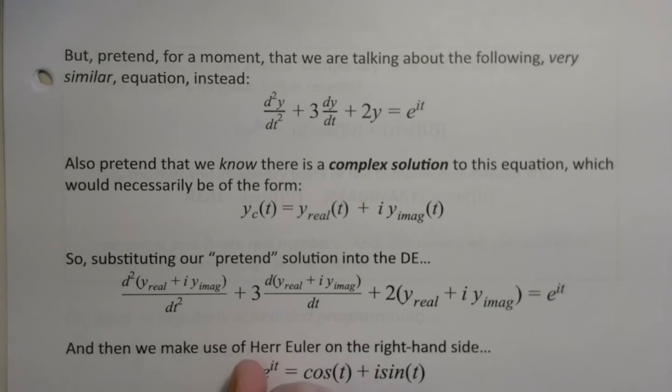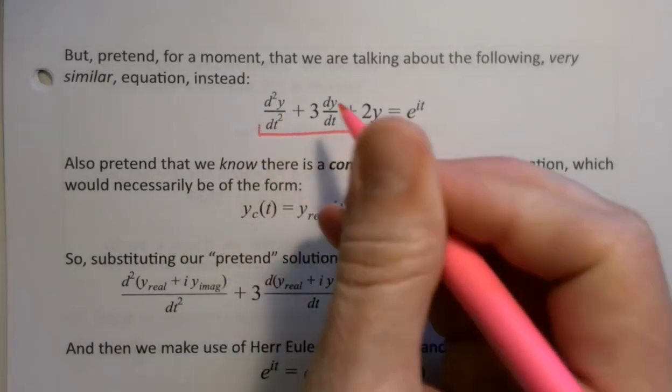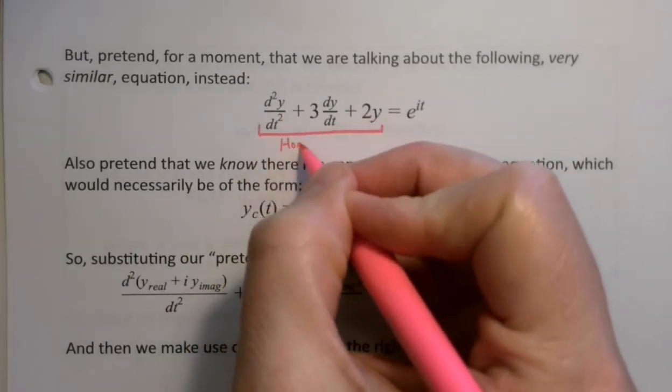pal Euler. So if we want to pretend for a moment that our harmonic oscillator equation with the forcing function looks very, very similar. The left-hand side is the exact same, homogeneous.